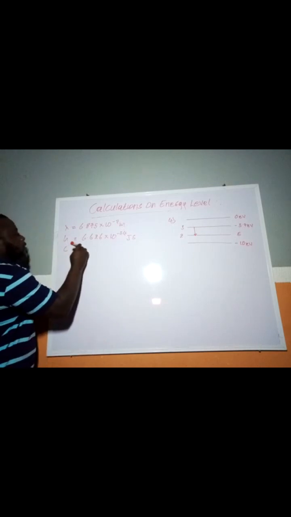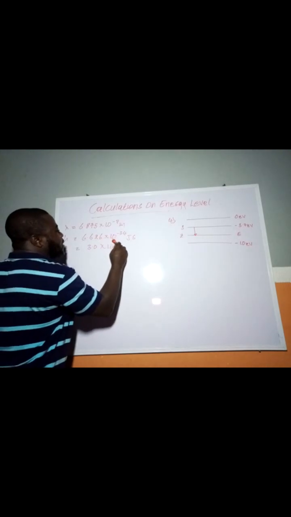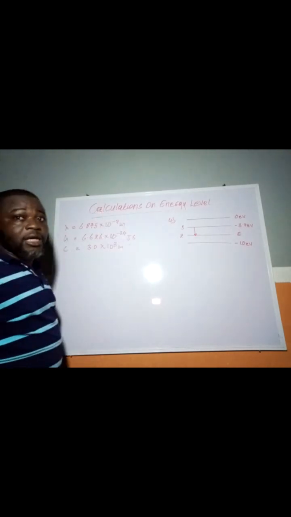Then the speed of light to be 3.0 multiplied by 10 raised to power 8 meters per second. Let's take that.